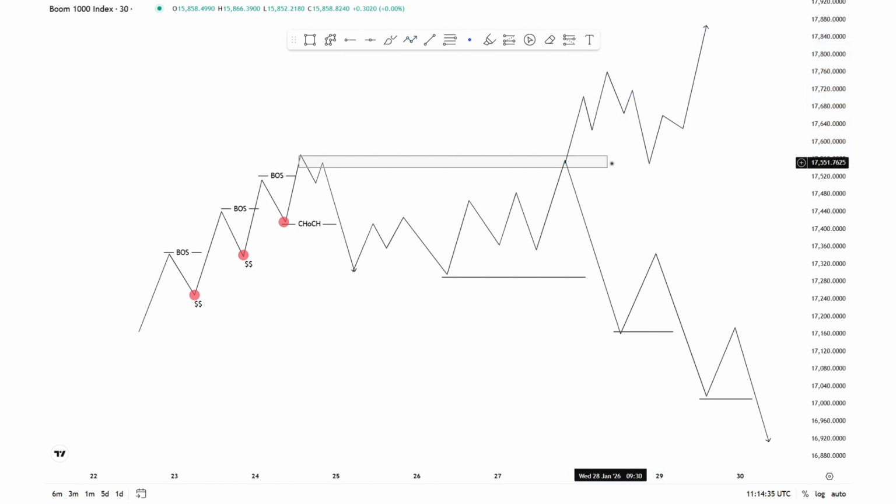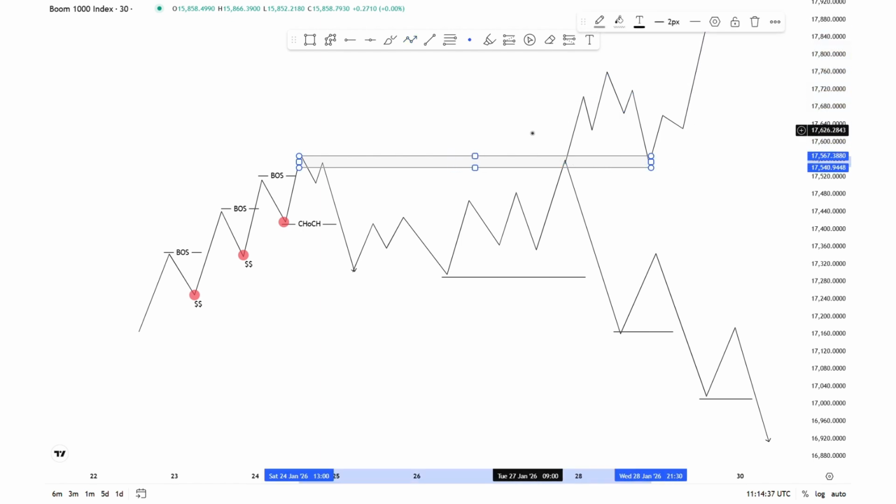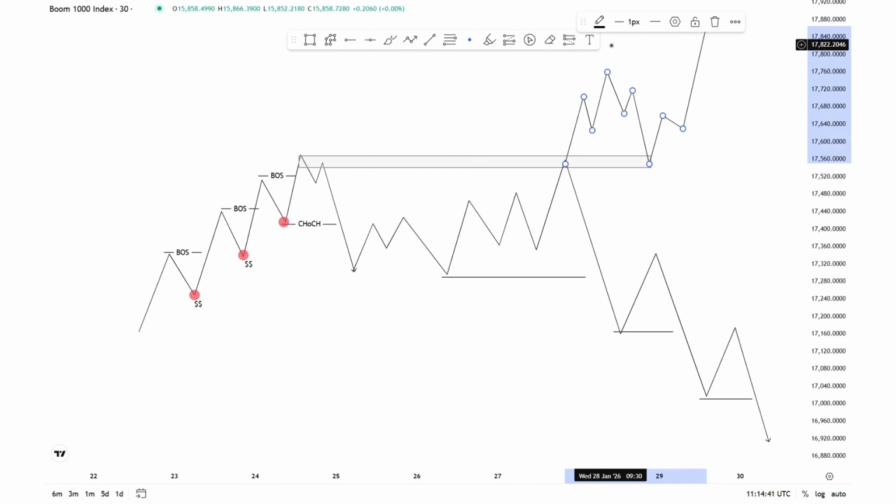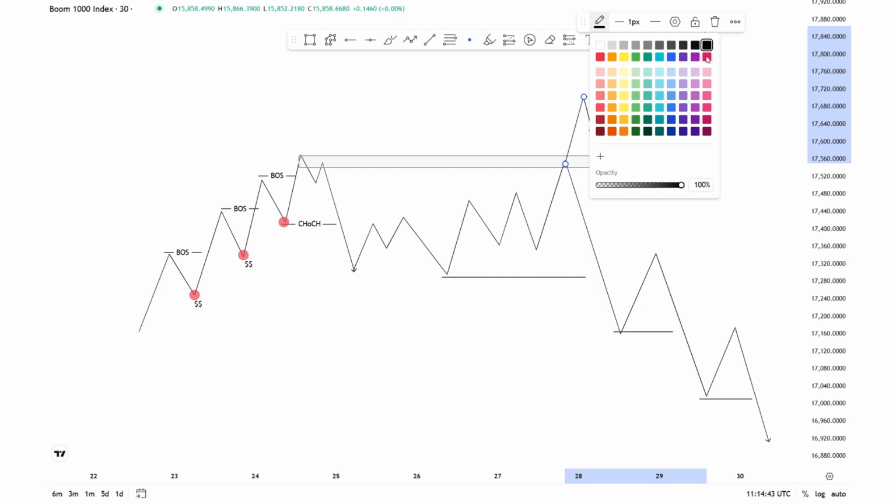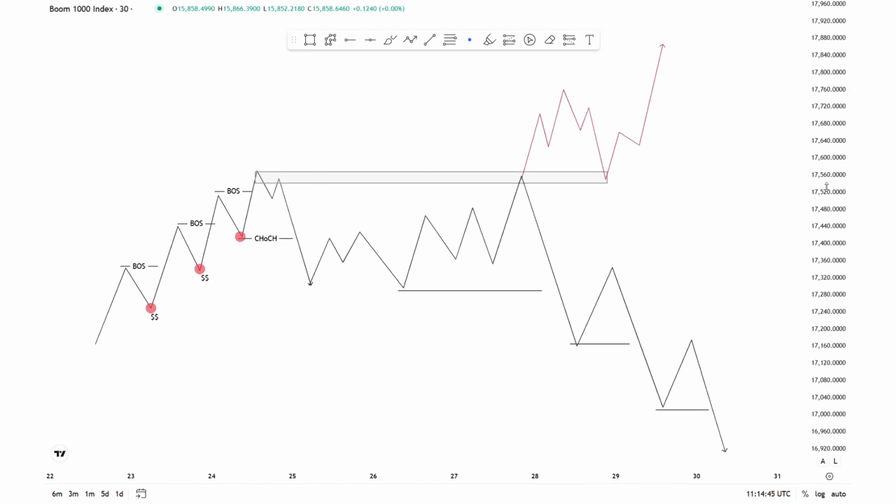Again, breaker block at a certain point there. Breaker block, I'll just change this color to maybe, let's say, red. At this point here we had a complete sell model, but here we had a failed order block. When the order block fails to hold at a certain point, it gives us what?